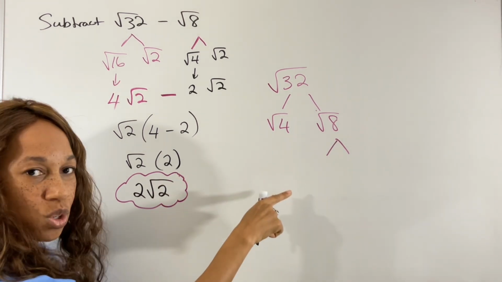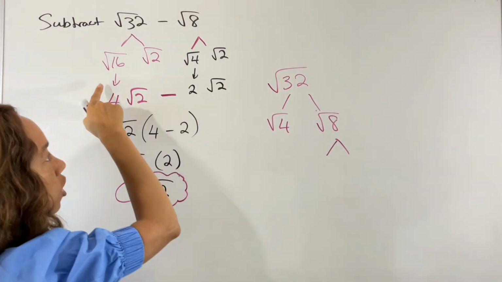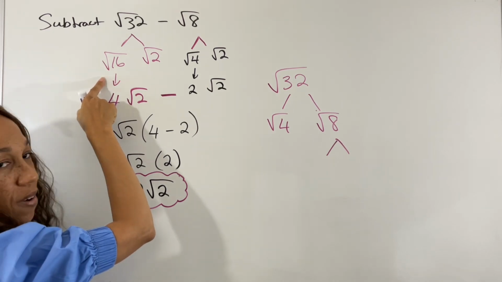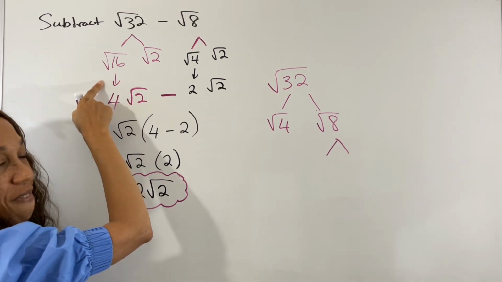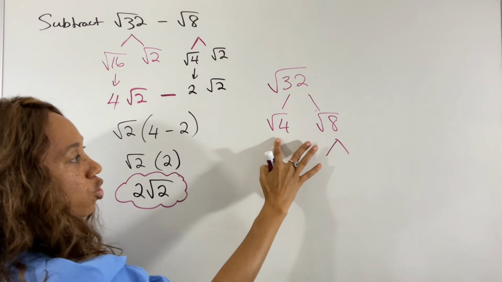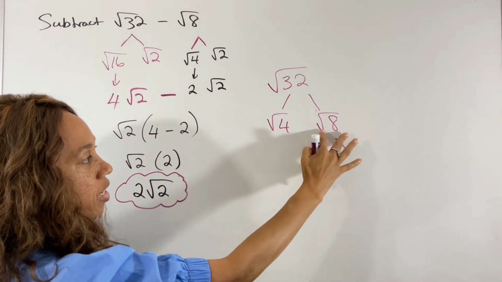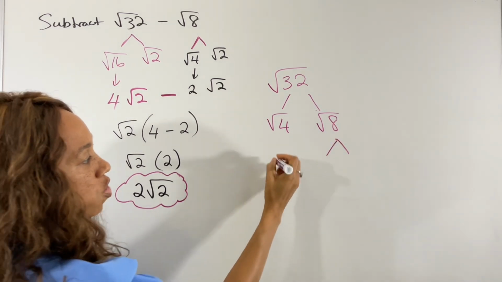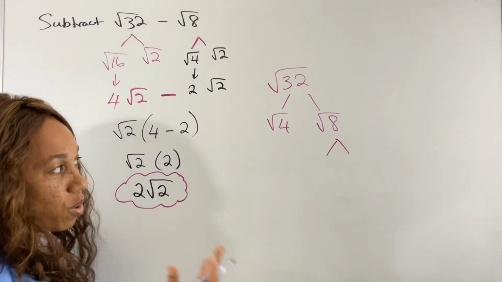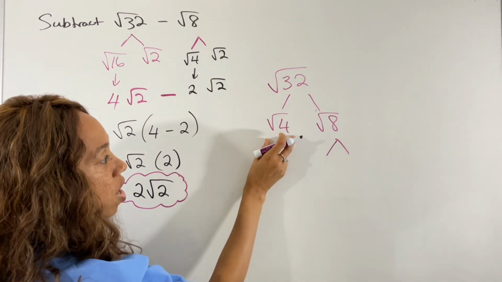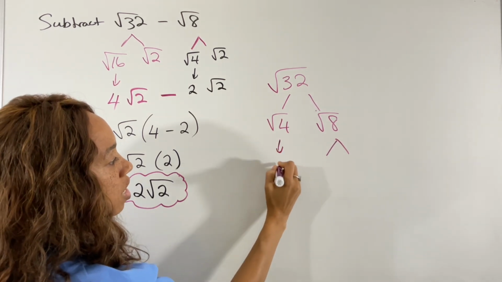Now let's go back to if you did not choose the highest perfect square as one of your factors and you chose to use square root of 4 and square root of 8. And I'm going to show you that you have more steps to deal with when you do that. So square root of 4 is simply going to be 2.